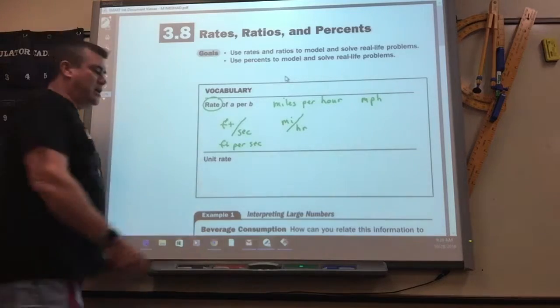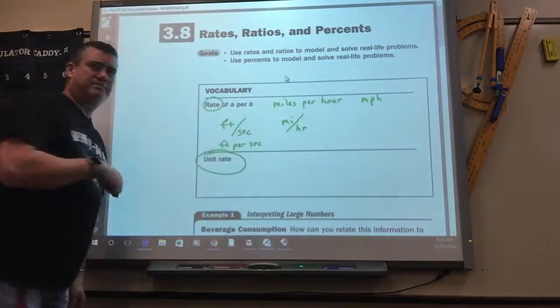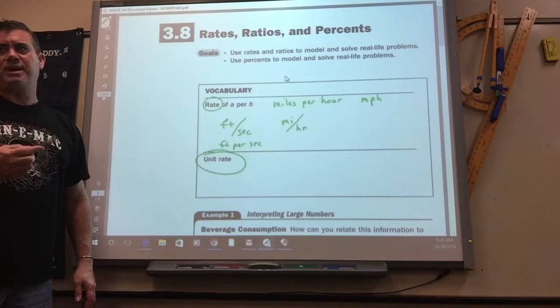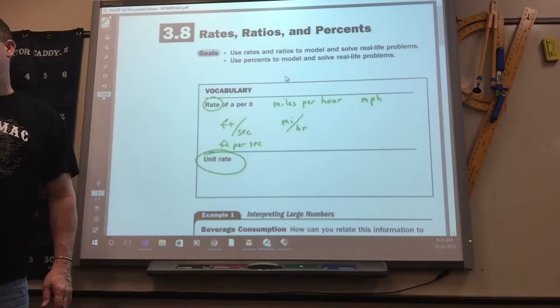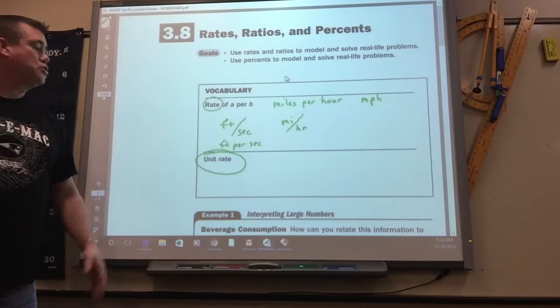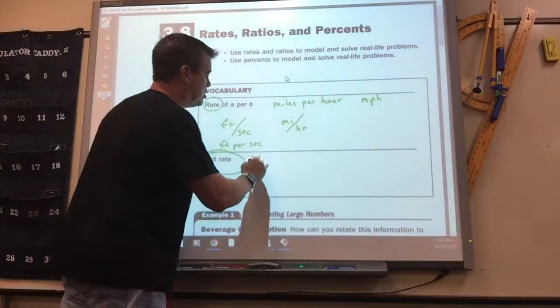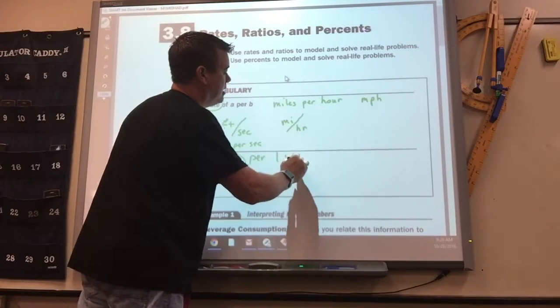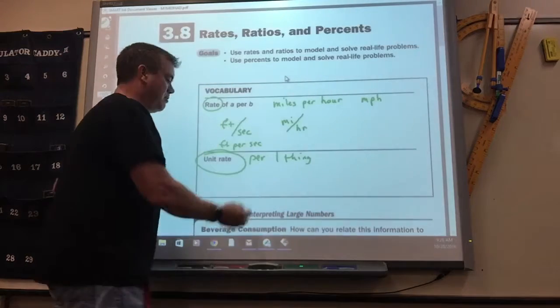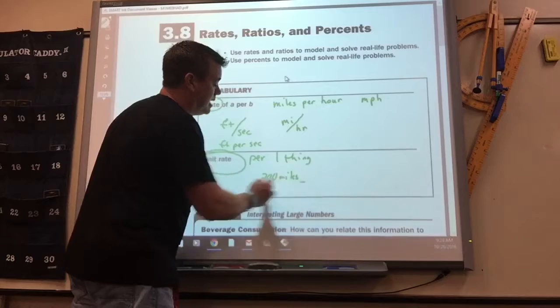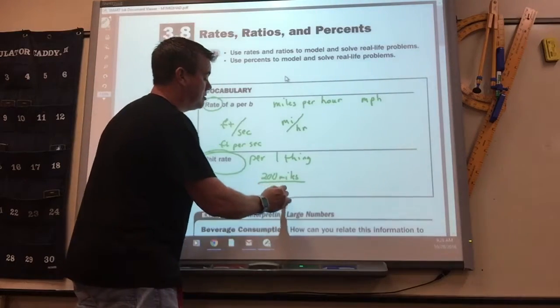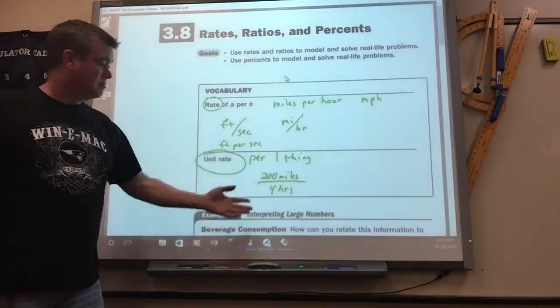Then a unit rate. Anyone remember what it is to find a unit rate? Divide by. Unit means 1. So a unit rate is per one thing. For example, if you go 200 miles in 4 hours, that's a rate.